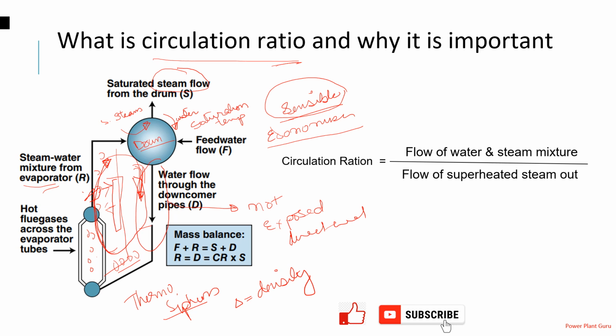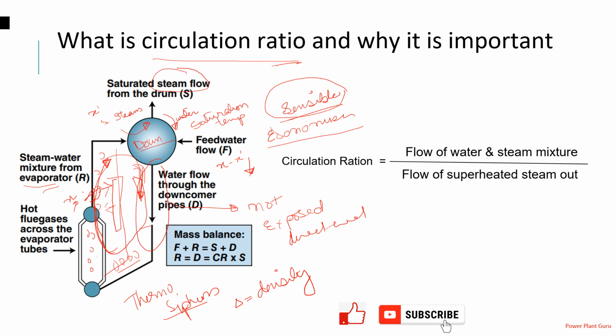So let's say if X amount is going up, X will be your water plus steam. Then some X dash will go out as steam, and X minus X dash will come down through the downcomer in water form.